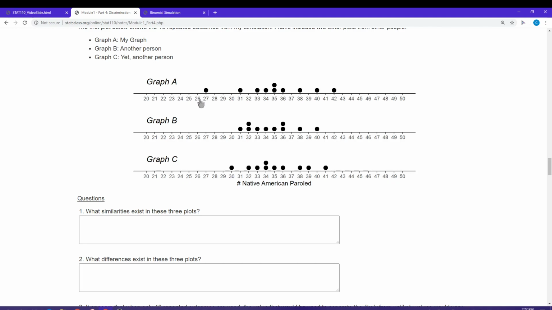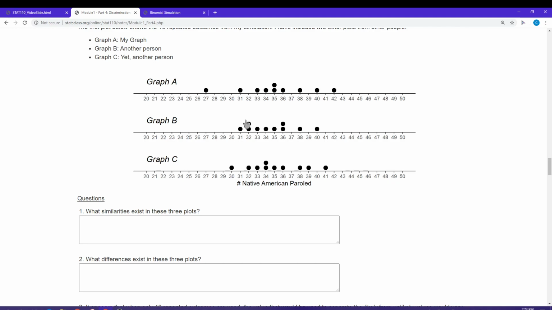So person A here, or person using graph A, might think that values like 25 and below might be unlikely. Whereas person B might indicate that 30 and below is going to be unlikely. Person C is going to be 29 and below might indicate unlikely.